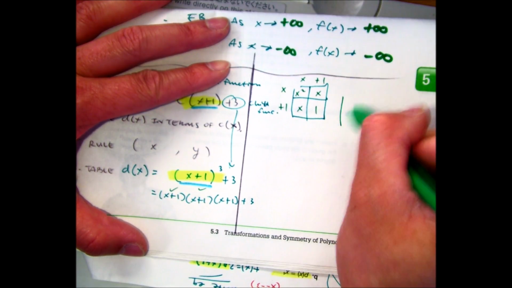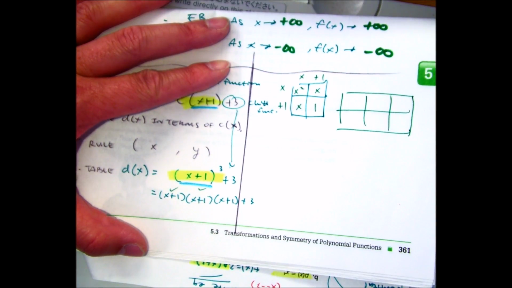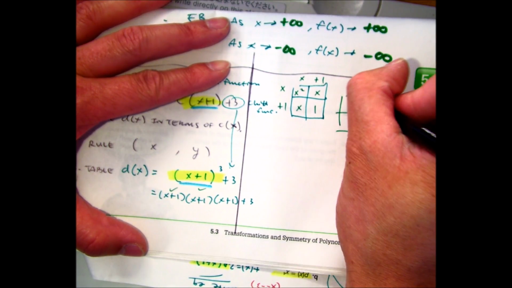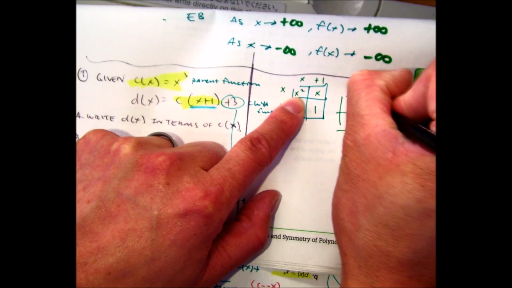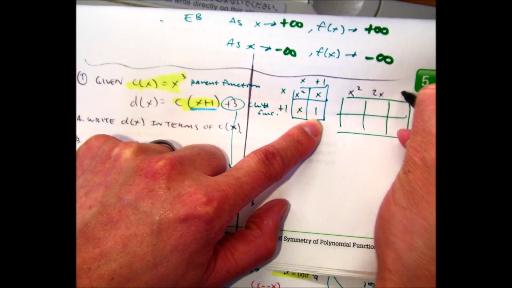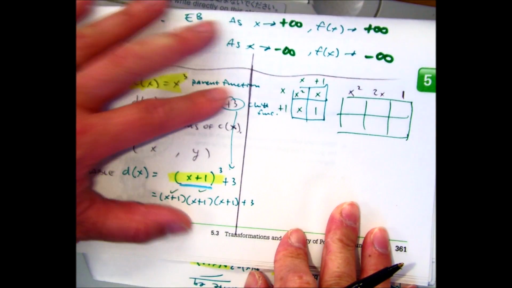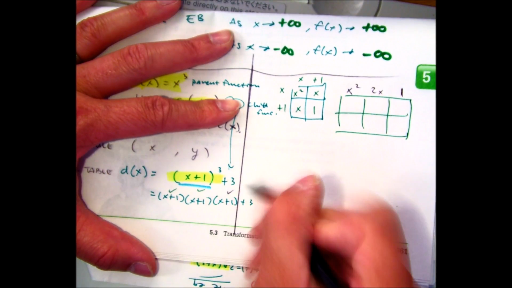Now let's go ahead and add. Class, what goes here? So we're just combining like terms, x squared, 2x, and 1. And I'm going to go here and I'm going to use the next x plus 1.